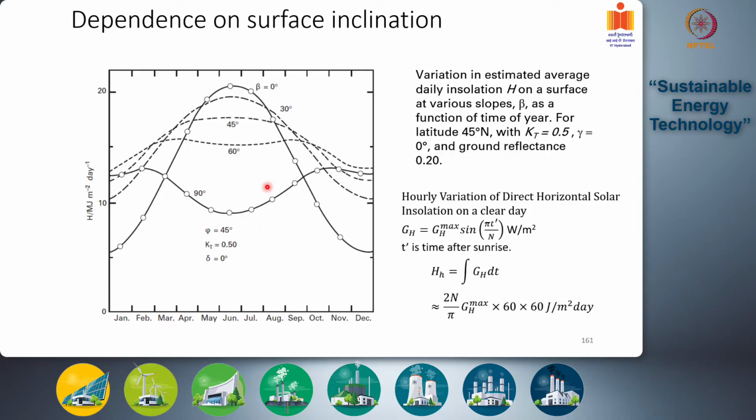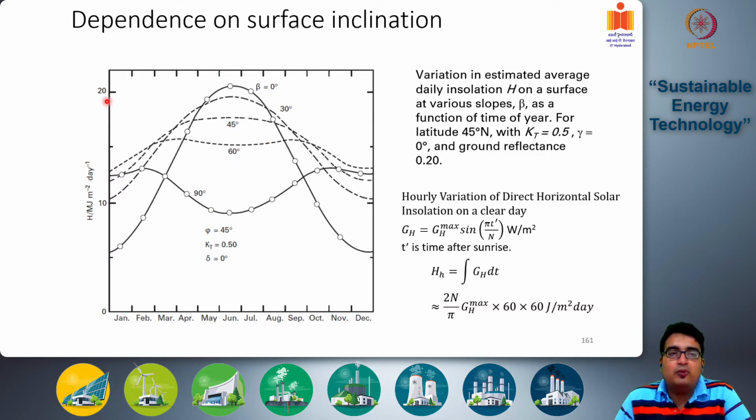So if you see the situation where beta is 0 degrees, what you find is that there is a large variation in the amount of solar insolation collected by your solar collector between the winter time, that is January, February and December, and the summer time, which is May, June, July, August season.